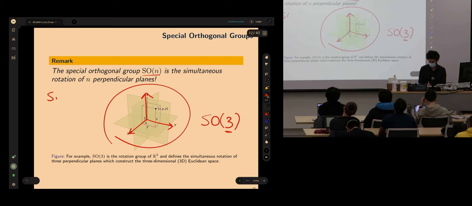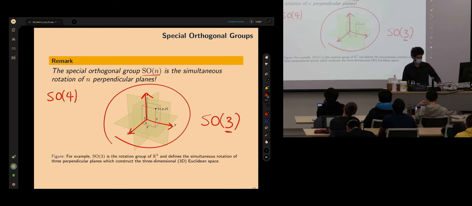What about SO(4)? Help me visualize it. So for SO(3), we know that we can rotate in 3 independent ways.